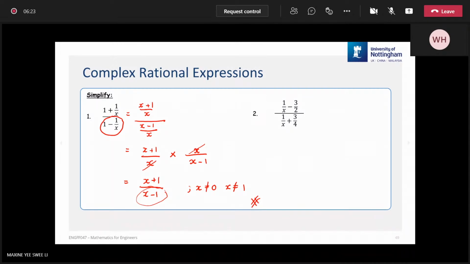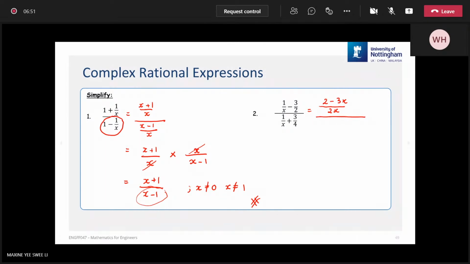Next, let's go to question 2. We have a very similar sort of pattern. So let's go ahead. We combine the numerator, 2 over 2x minus 3x, divided by the bottom, 1 over x plus 3 over 4.